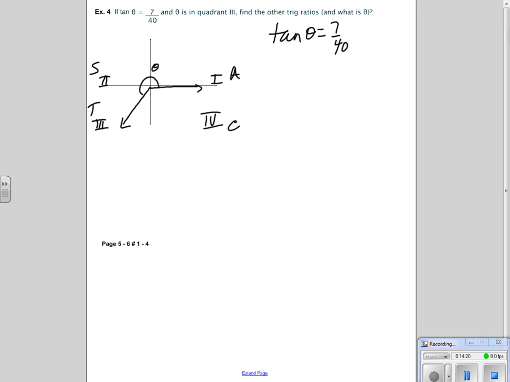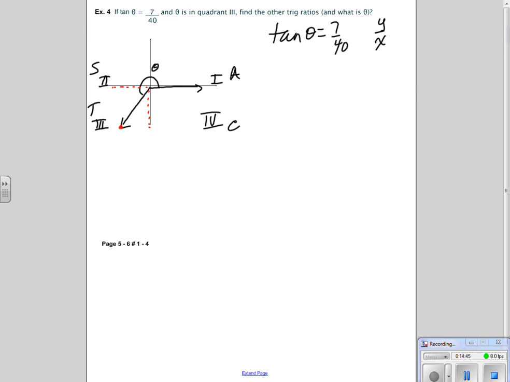We have our y over x. But we know that in that quadrant, our y value is downwards, and our x value is to the left. So we know that they're both actually negative, and that's why we have tan theta being a positive number, because we have negative over negative.